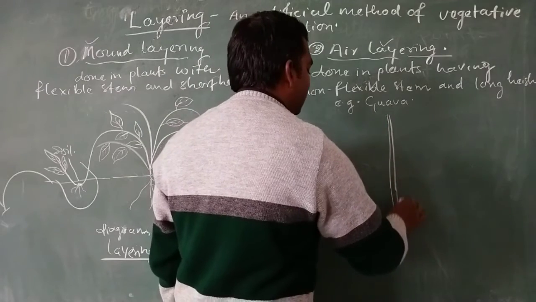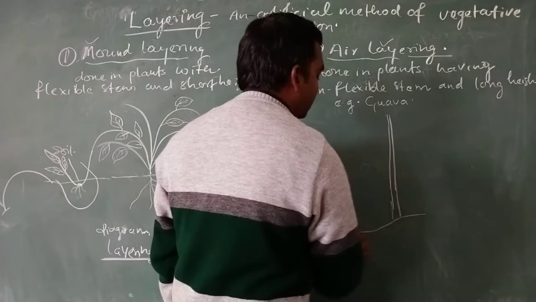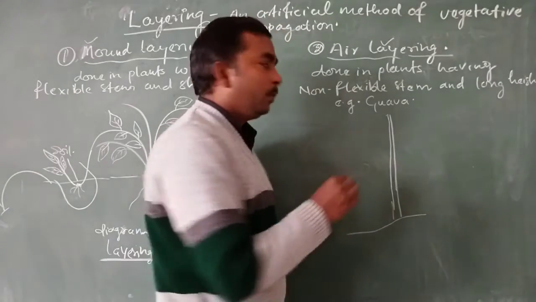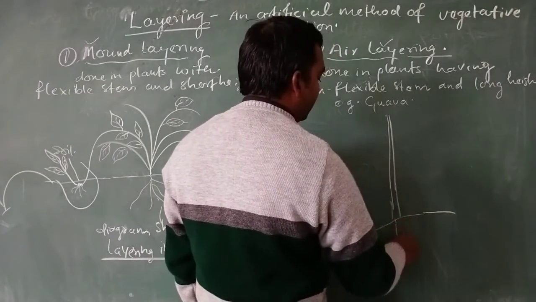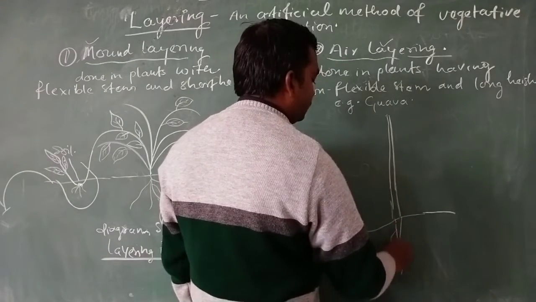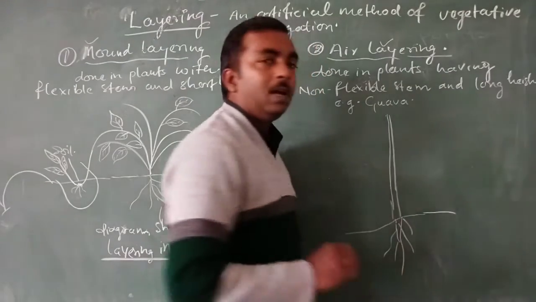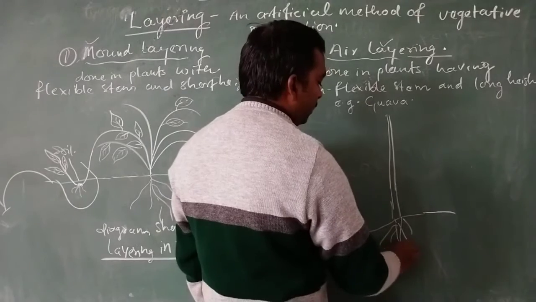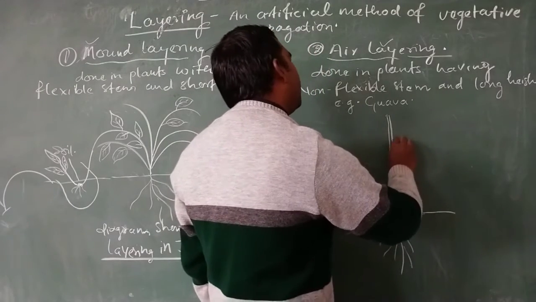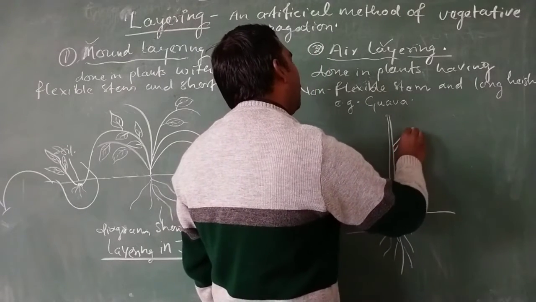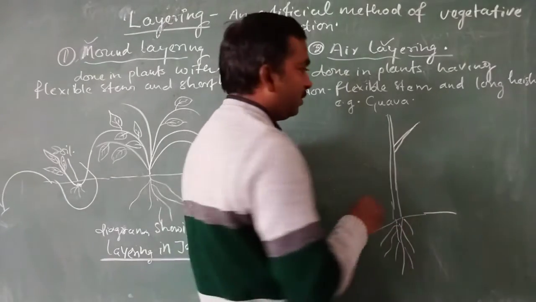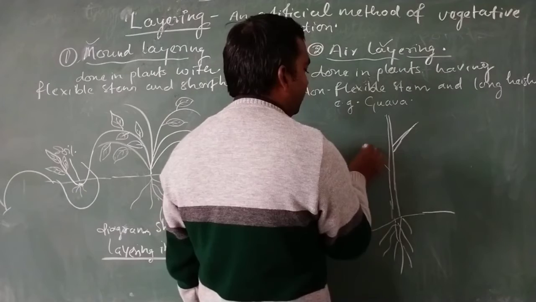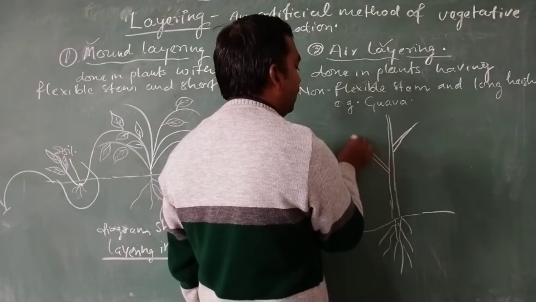Suppose this is the plant with hard stem, that means non-flexible stem, and long height. So in that case, the layering can be done without soil surface, and that kind of layering is known as air layering.